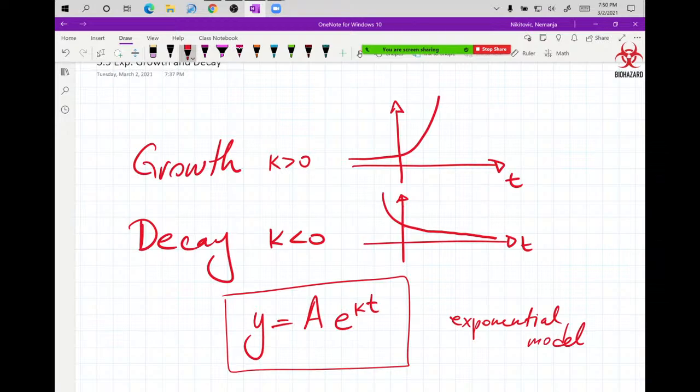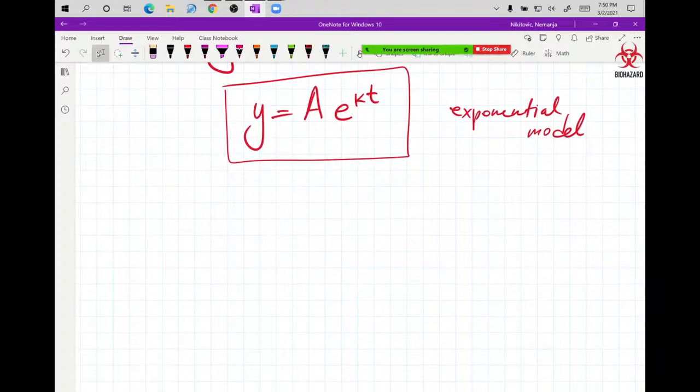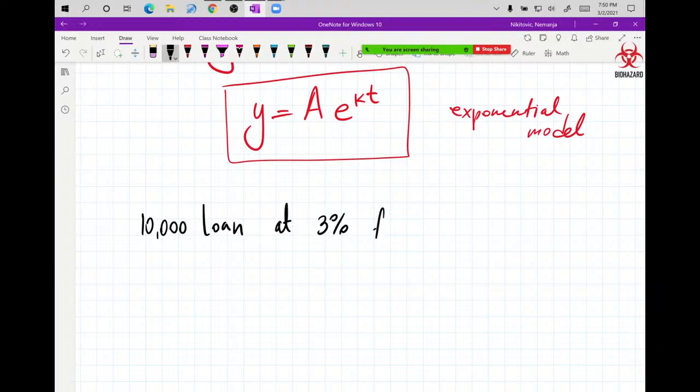So to open the calculations here, I'm going to again take a look at the $10,000 loan at 3% for let's go 4 years, so then it's not all threes. So 4 years, right?